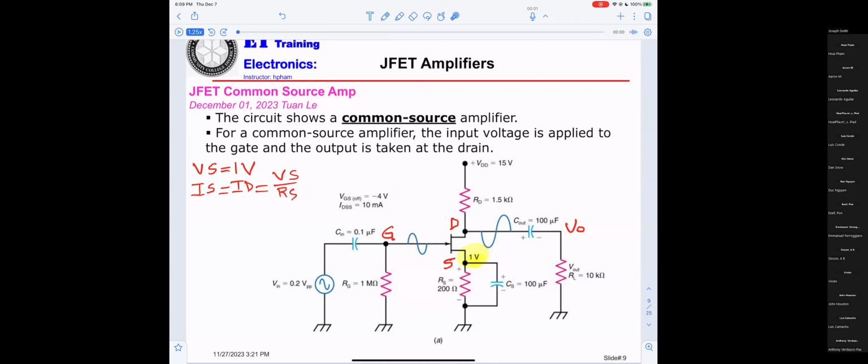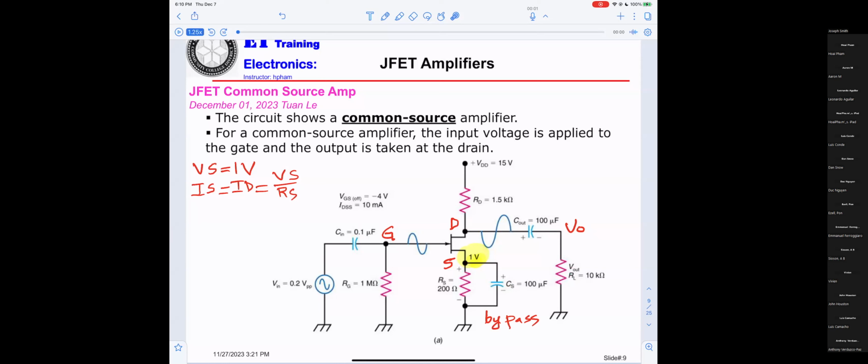This is a bypass. Okay, now next one. You say bypass capacitor. Bypass what? What does that capacitor bypass? RS. Perfect.